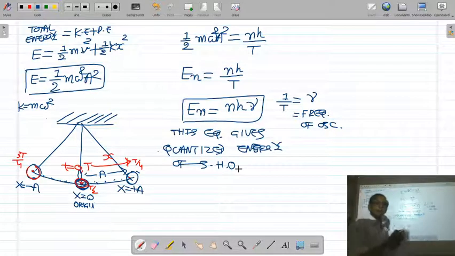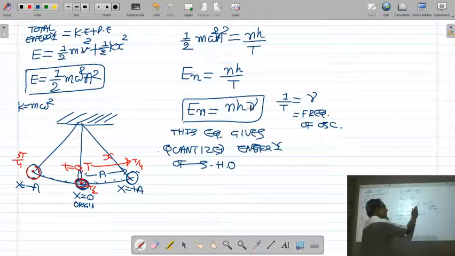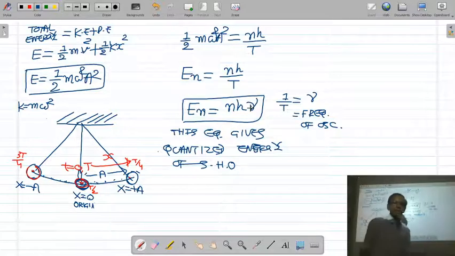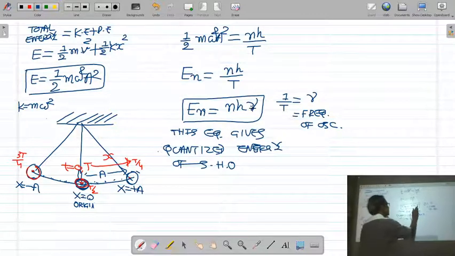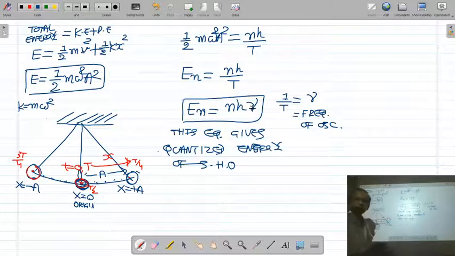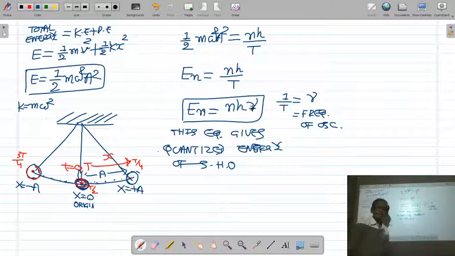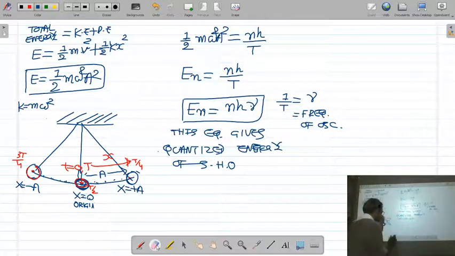The harmonic oscillator can take only these quantized values of energy, given by nh nu. According to quantum mechanics, a harmonic oscillator cannot oscillate with any arbitrary value of energy; it can oscillate only with the energy En equal to nh nu. This equation suggests that the simple harmonic oscillator has discrete energy levels. So I draw the discrete energy levels of the oscillator.